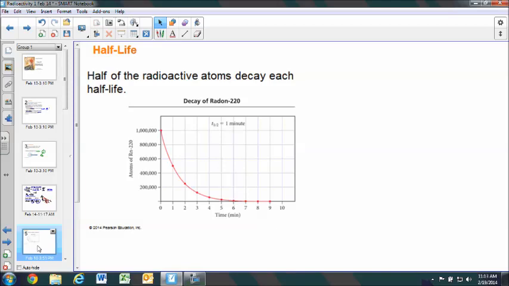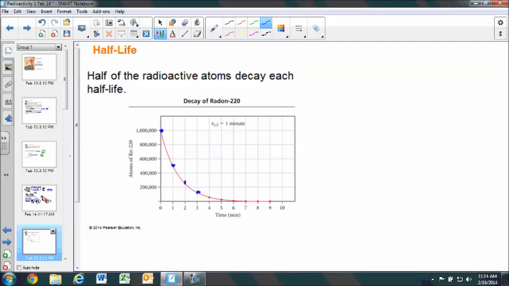So this one here, the 220, has a 1 minute half-life, and we see here that, for instance, if we start with 1 million atoms, let's say, right? Then after 1 minute, you have 500,000, right? After another minute, then you have half of 500,000, that would be 250,000, and so on. So every minute here, you have half of what you had before.